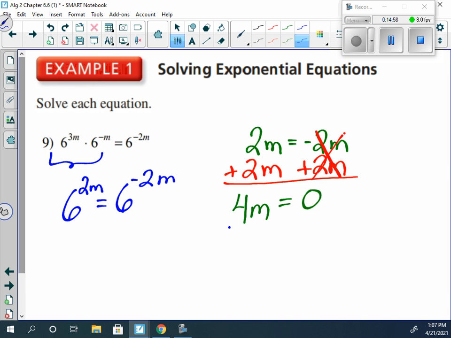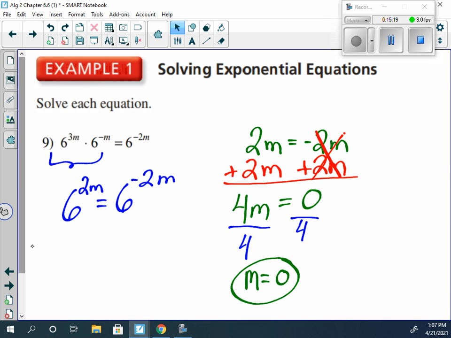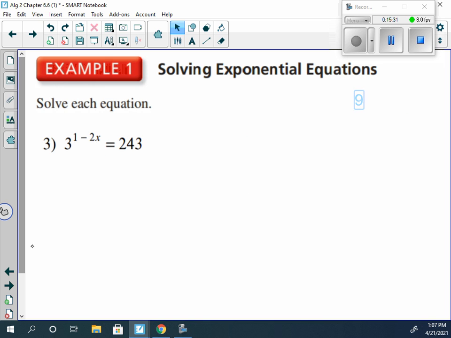And from here we can divide by 4, telling us that m is equal to 0. Any questions over any of this here? Okay. All right.